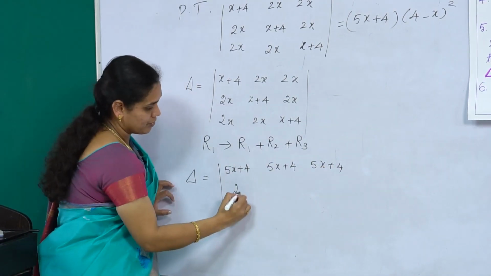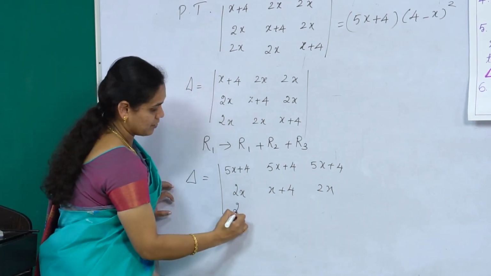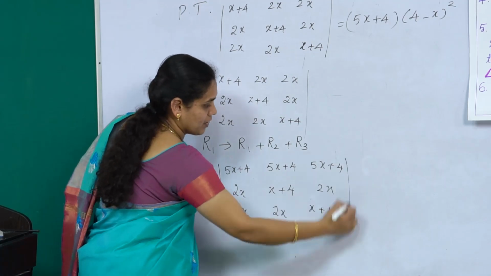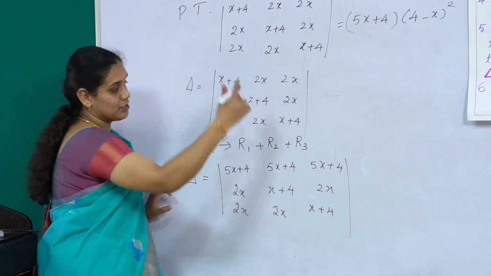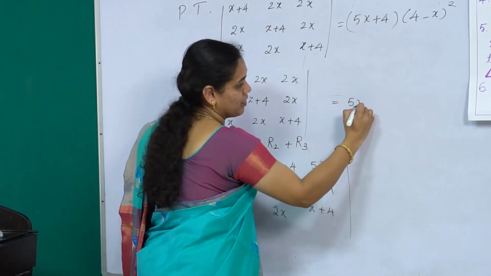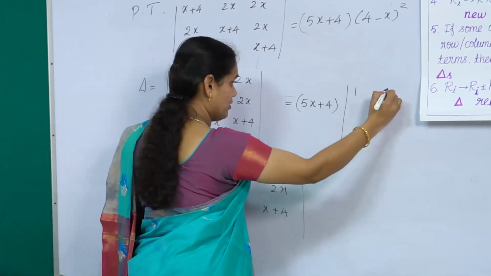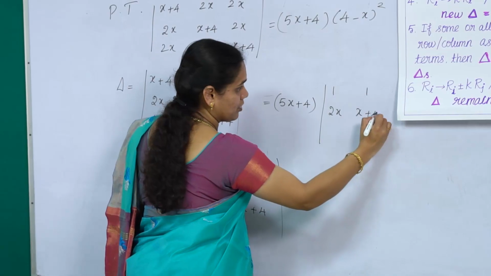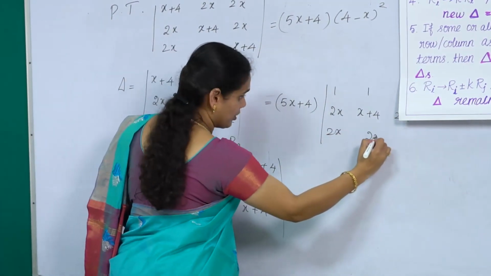So we have 2x, x plus 4, 2x, 2x, 2x, x plus 4. And can we take this out as common using property 4? So this will be 5x plus 4 as common, 1, 1, 1, 2x, x plus 4, 2x, 2x, 2x, x plus 4.